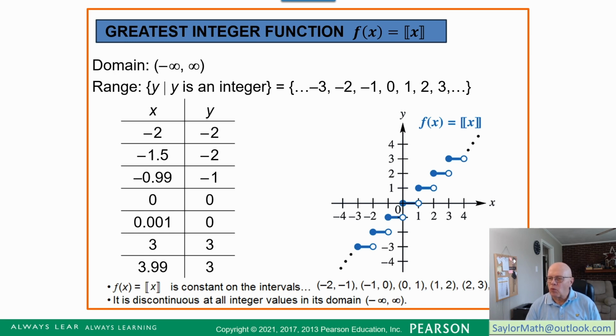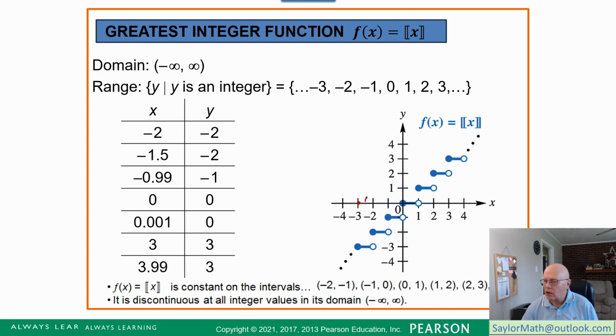This is an idea of what the greatest integer function looks like. So you might look back here and see, how does this work? If you looked at -3, well, that's an integer already, so the function value is -3, same thing.